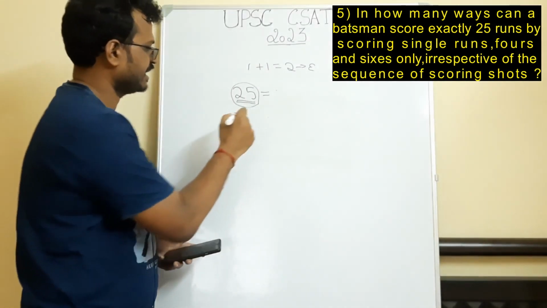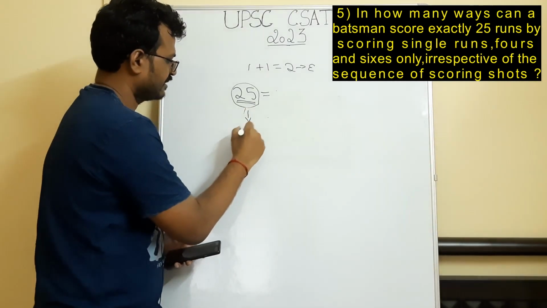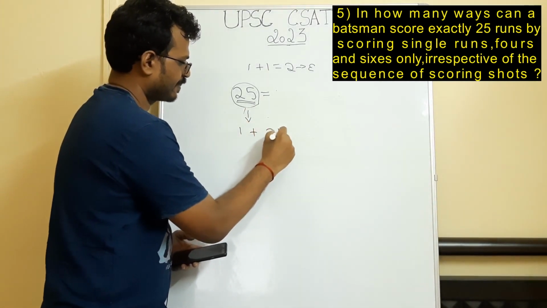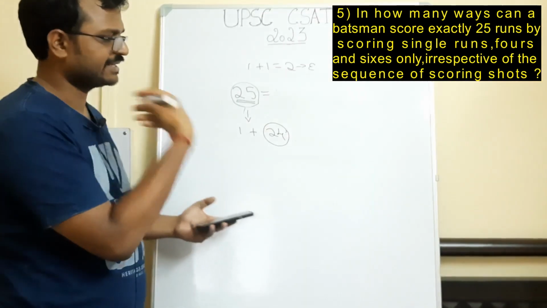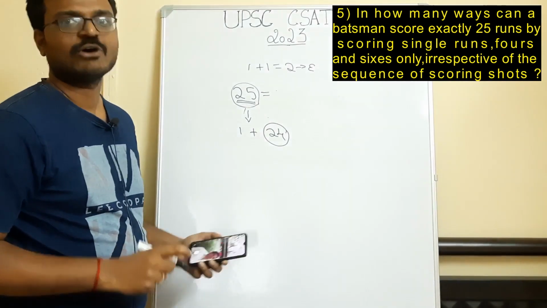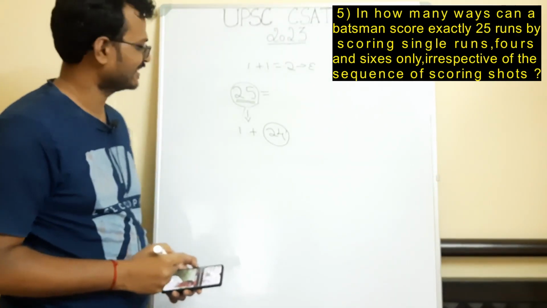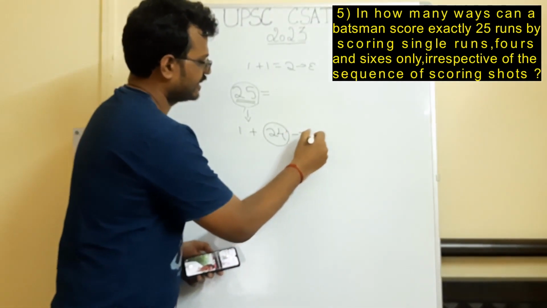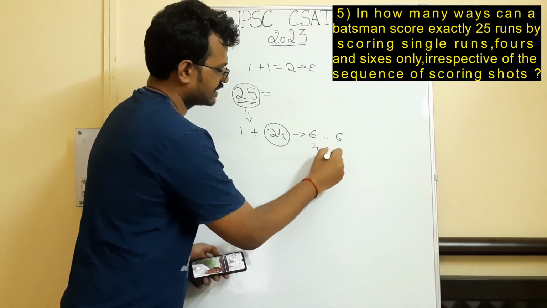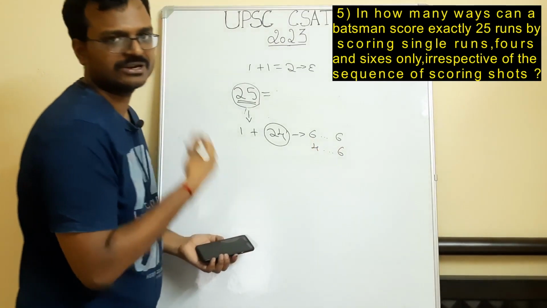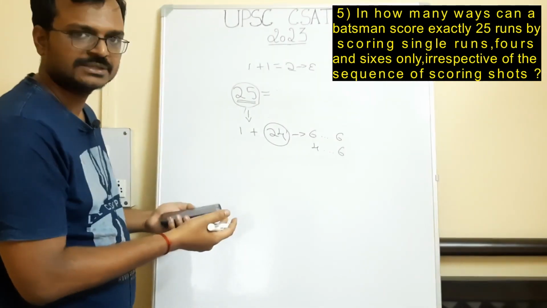So I will divide 25 as 1 plus 24. Now we don't know what the constituents of this 24 are. 24 can be 6 coming in place 4 times, 4 coming in place 6 times, or it can be a combination of 4 and 6, or even 1.